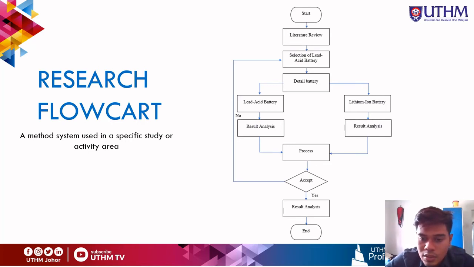The next part is the process of comparing the result analysis between the lead acid battery and lithium ion battery. If accepted, we will do result analysis for the battery that had been researched. If not, I will select the other type of lead acid battery.